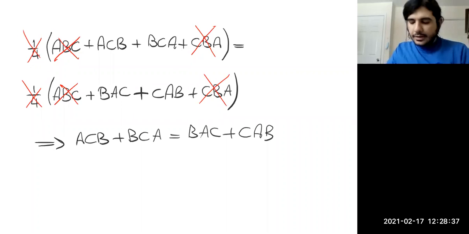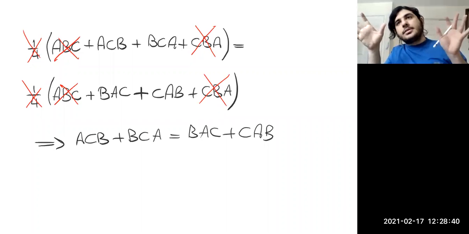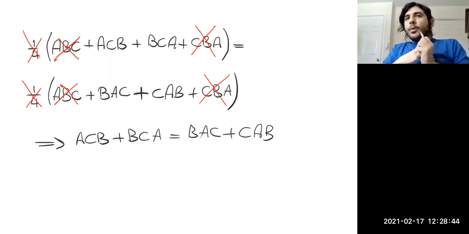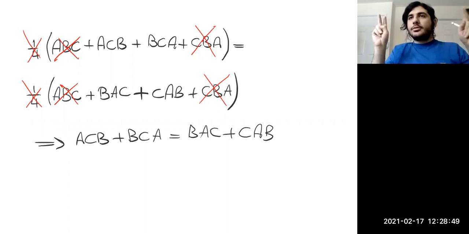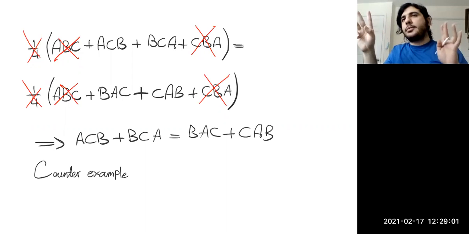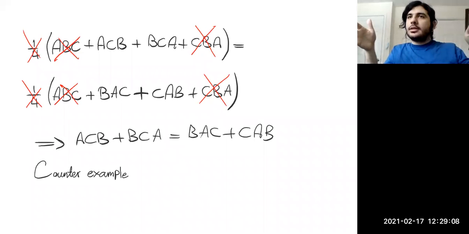I don't know if these two sides are equal or not. One way to test that is trying to find a counterexample. That means if I find three specific matrices A, B, and C which do not satisfy this equation, then this equation is not correct in general.